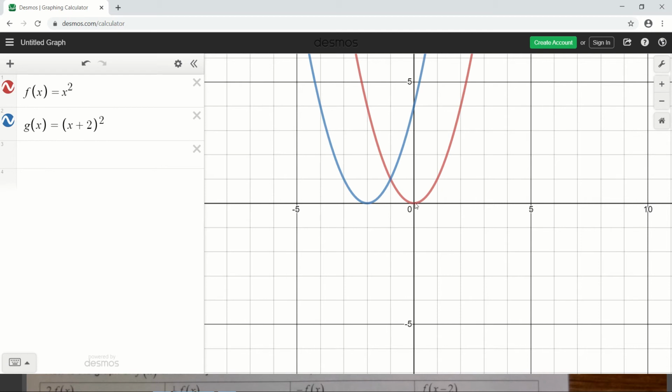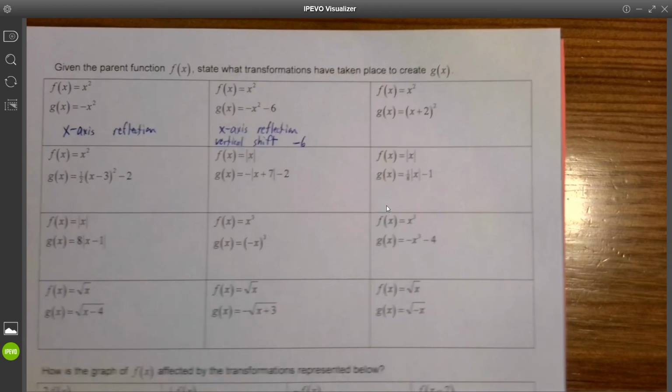The original has a vertex at 0, 0. The one that's been transformed shifted horizontally negative 2. Watch the mouse. It goes 1, 2, and it shifted to the left 2. That sounds a little counterintuitive.